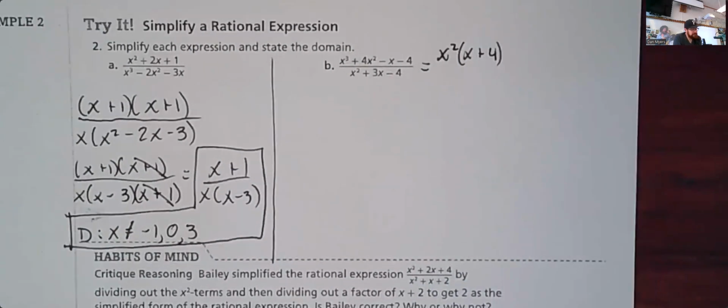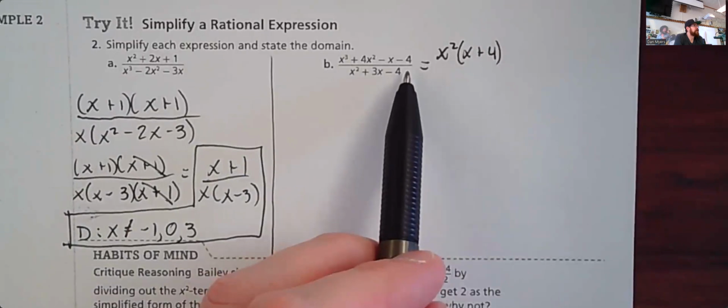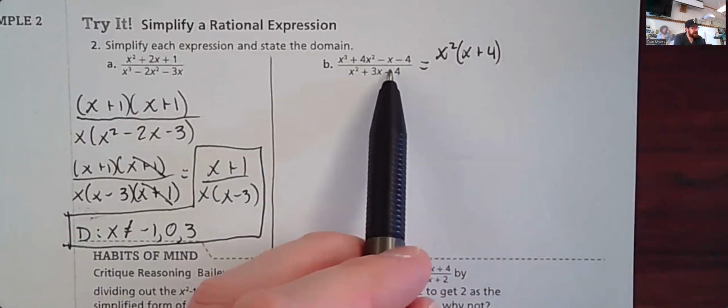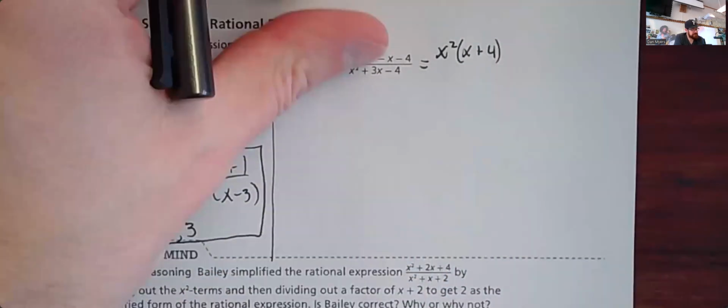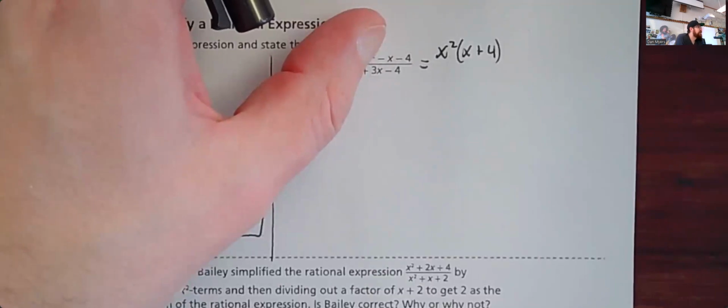Now, what can we divide out of -x minus 4? What divides out of -x minus 4? Just look at those 2 terms right there. Anything we can divide out of those 2? -1, yeah.